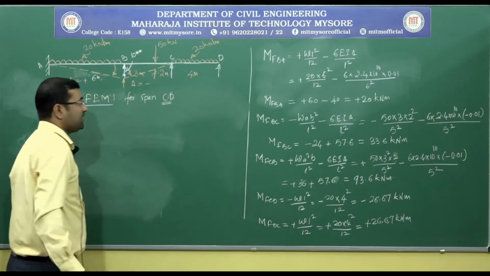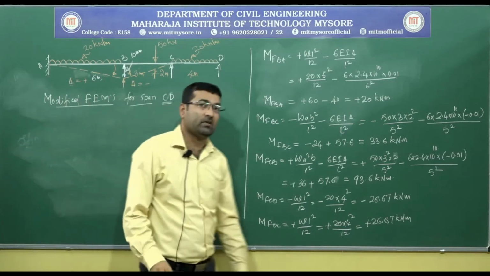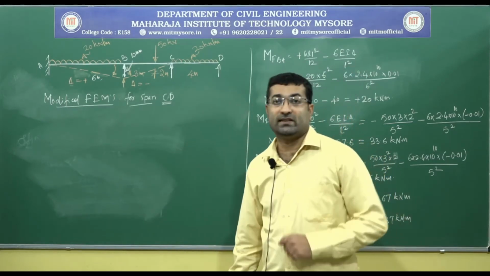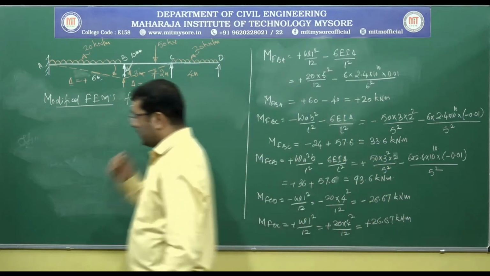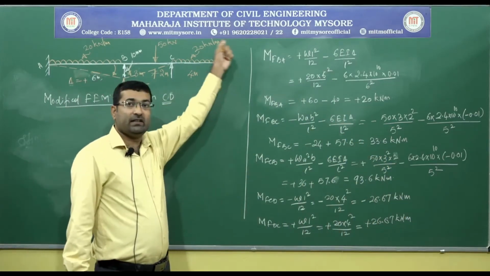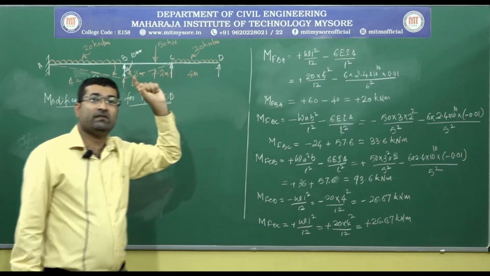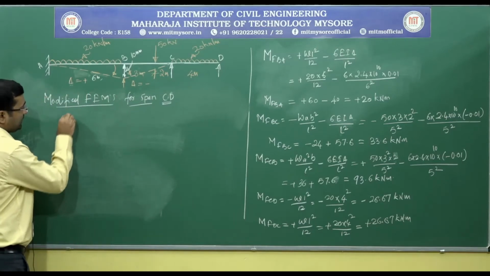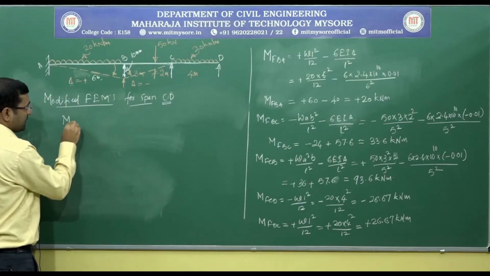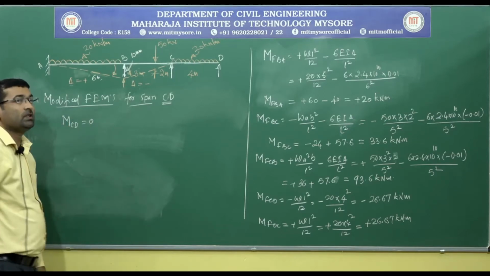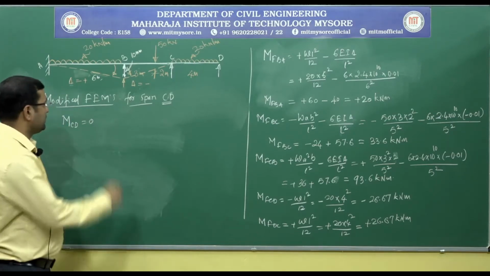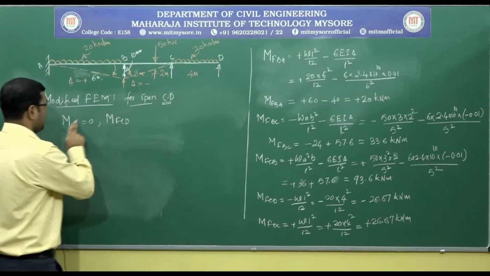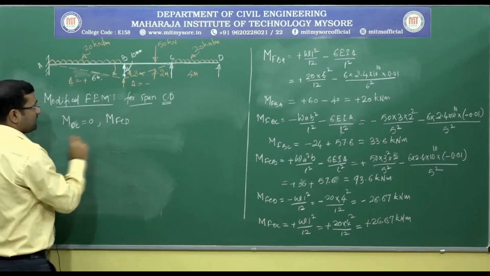Only for span CD we are modifying the fixed end moments, as the end D is simple in nature. Now, as end D is simple in nature, we know that the final end moment MDC must be 0.